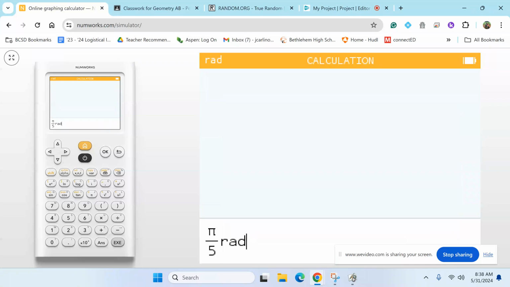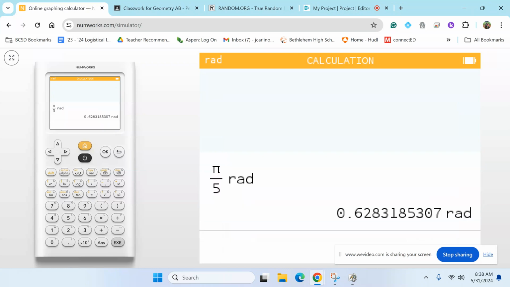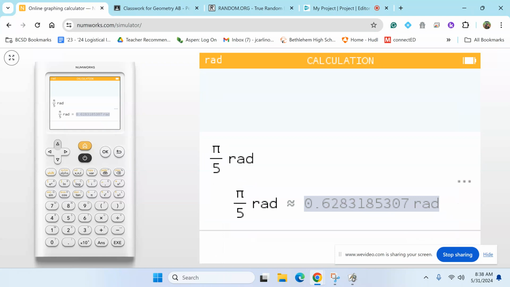Okay, so it's going to say pi over 5 radians. So now the calculator knows they're giving me radians, and you hit enter. Oh, mine's in radians. Yours are giving it in degrees, right? Because my calculator's in radians instead of degrees. So if your calculator's in degree mode, everybody have the degree measure there? All right, so that's how you convert. That's where you go to convert.